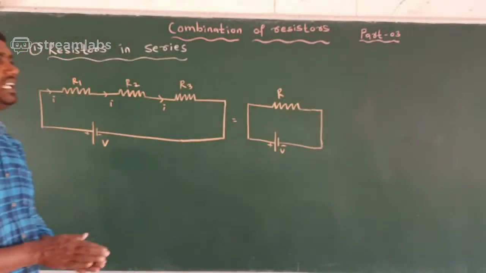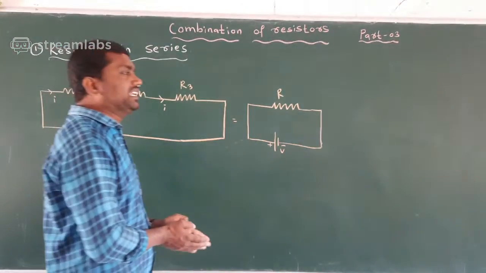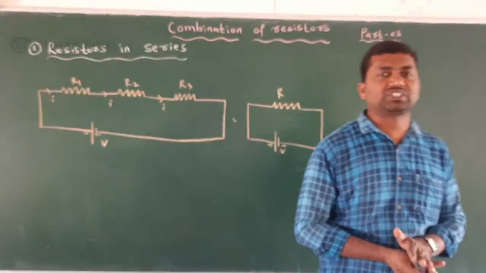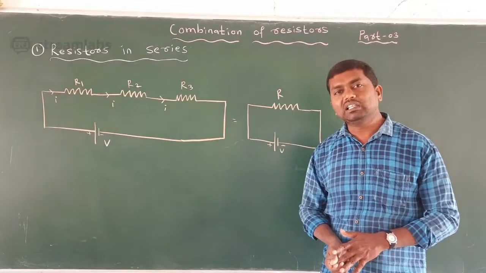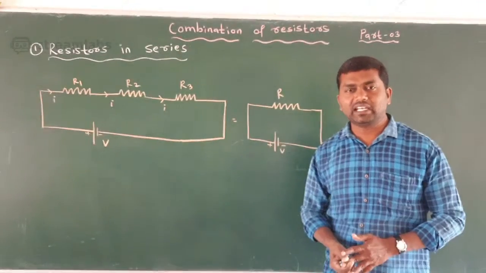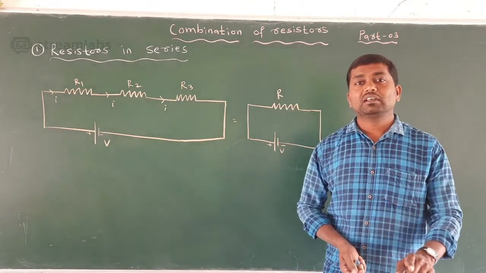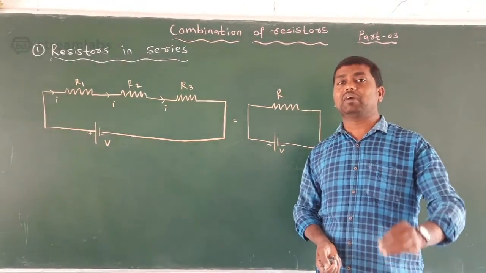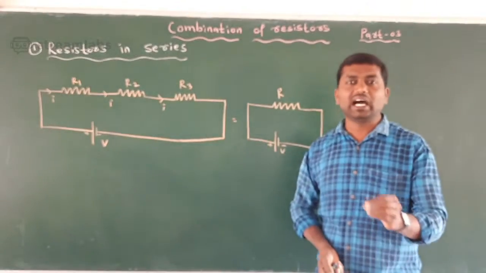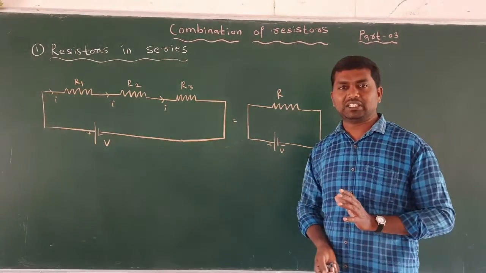How can we define a series combination of resistors? Two or more resistors are connected end to end such that the electric current passing through all the resistors is the same. So they are said to be in series combination.